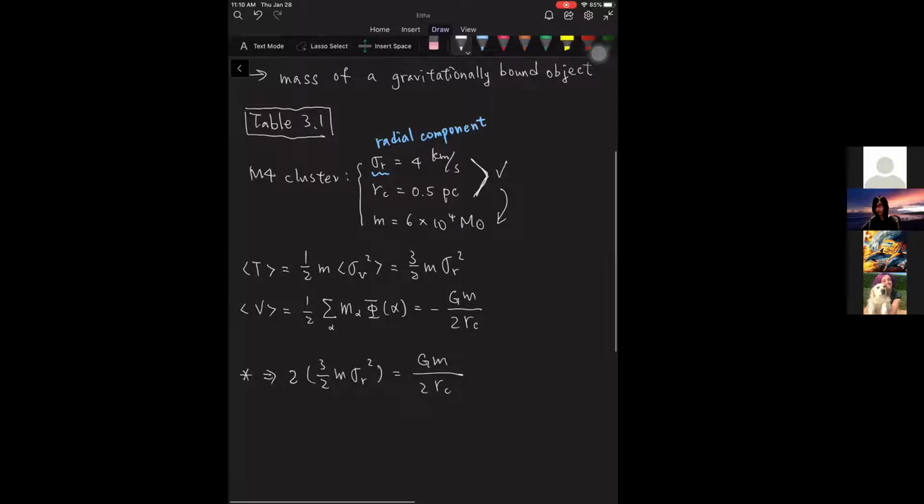And we can basically cancel out the m over here, and the 2 over here can also be canceled out. So we get 3 times sigma r squared equals G over 2r.